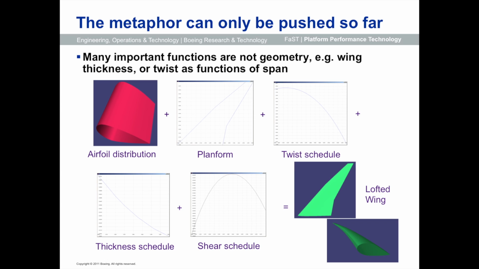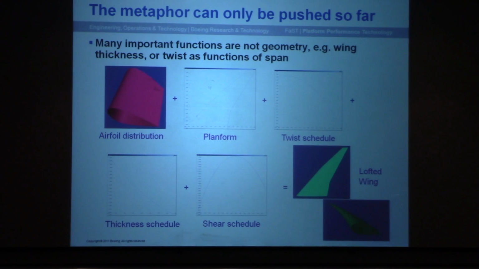One of the inputs is an airfoil distribution. That is a spline function which has 2 independent variables and 2 dependent variables. So you can see even the picture that I've drawn here of an airfoil distribution is a lie.